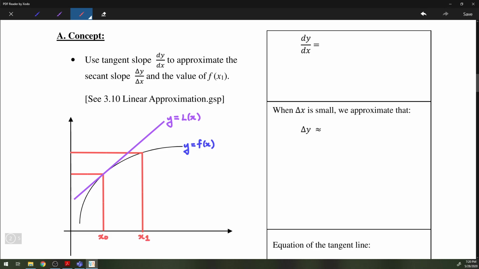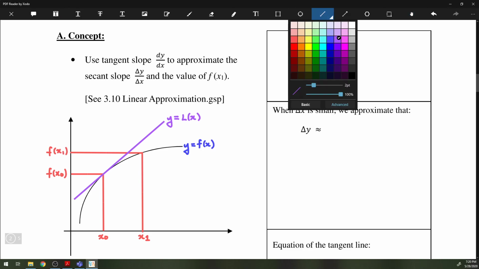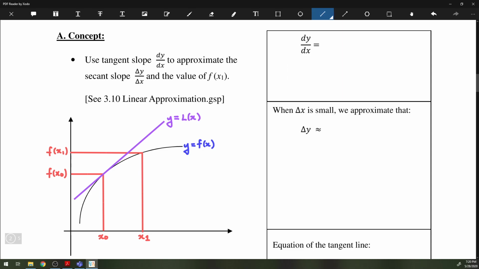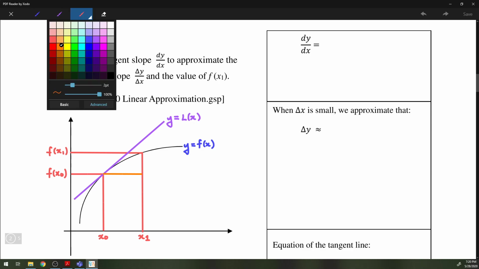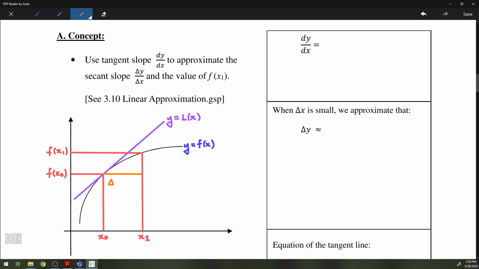So of course the corresponding y values will be f of x naught and f of x1. You can see here we have the change in x value from x naught to x1. That is known as delta x, which is equal to dx for our purposes.